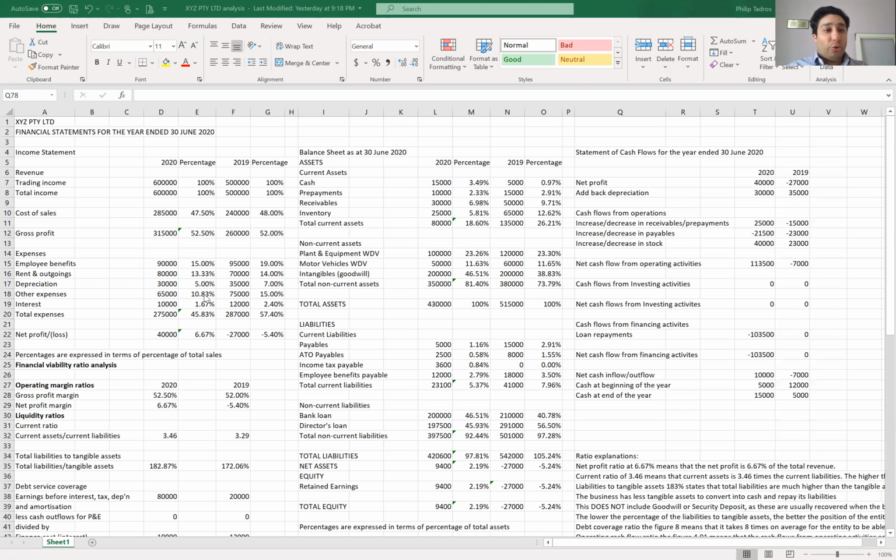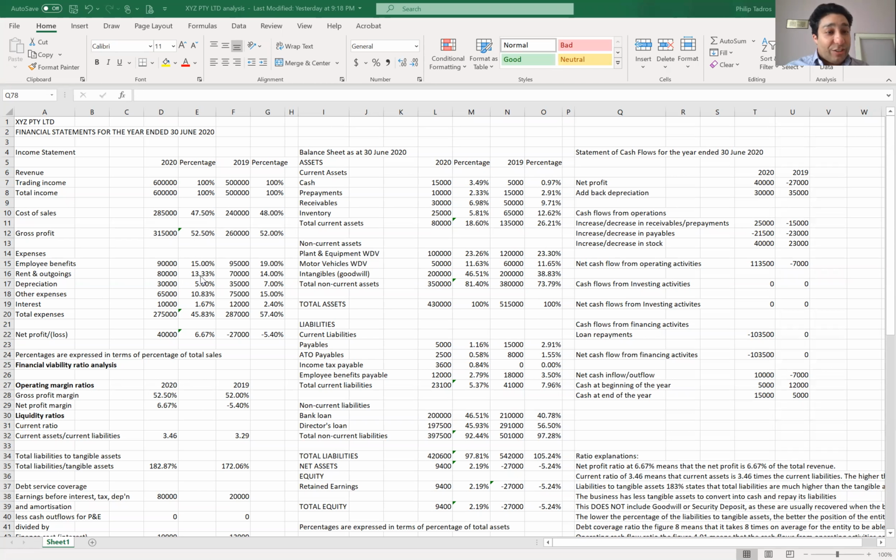So, for example, if your business is in the food industry, the taxation department may have a cost of sales percentage to the total sales of, let's say, about a range of 35 to 55%. Now, if your business is outside of that range, then chances are there may be some compliance matters that you may need to address when asked about why your business is outside this particular benchmark.